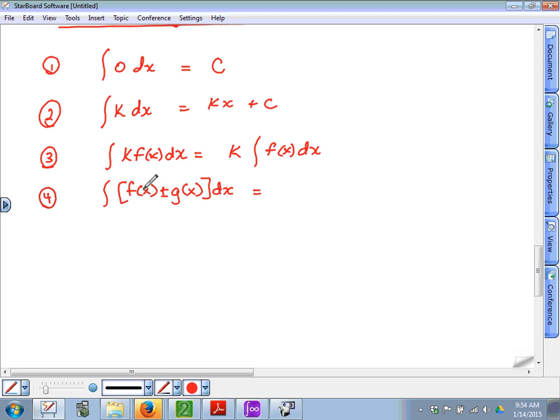Isn't that what we would have done with derivatives? Most of these rules mirror the derivative rules. So this would be equal to the integral of f of x dx plus or minus the integral of g of x dx.